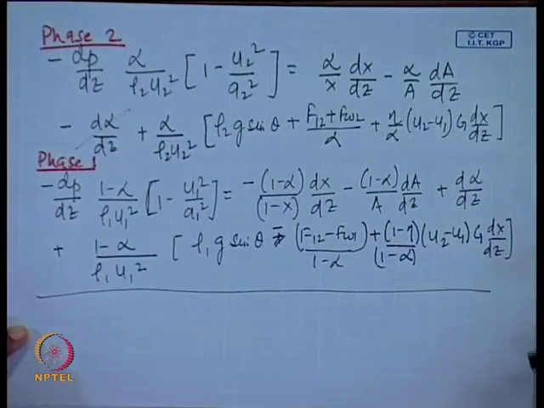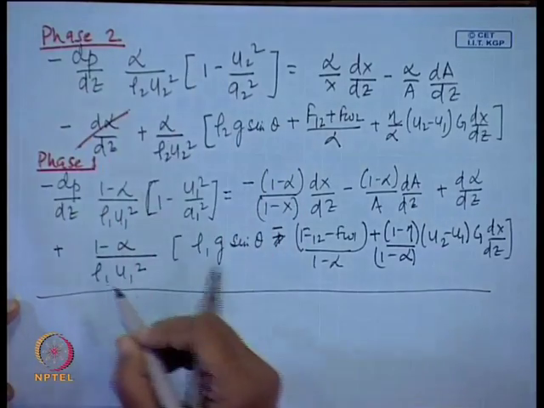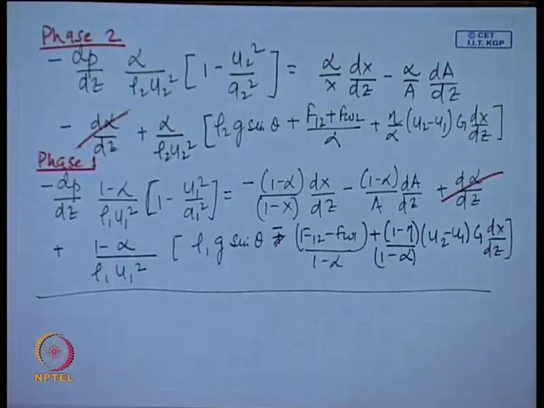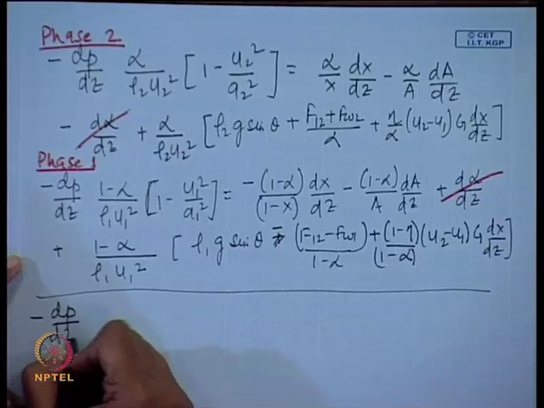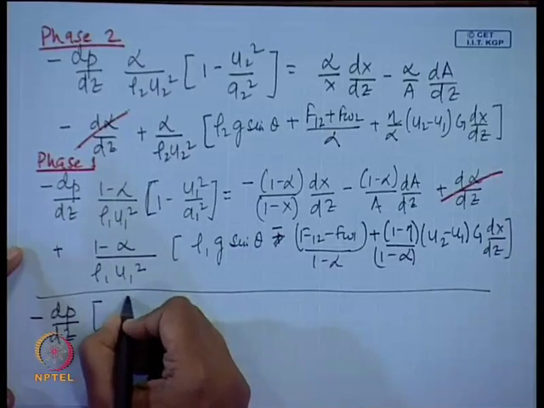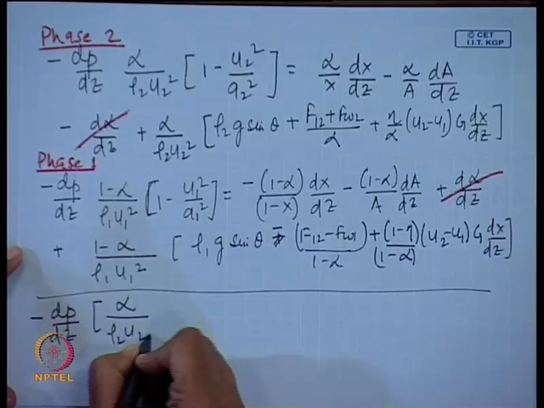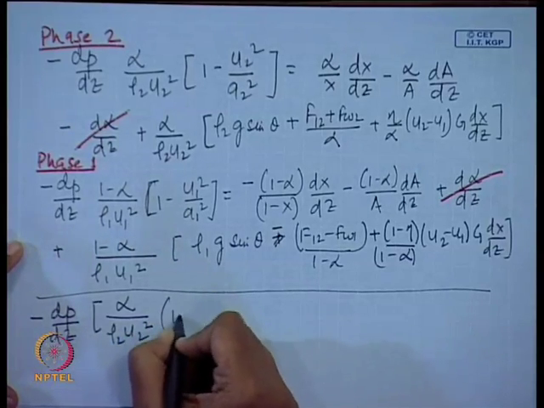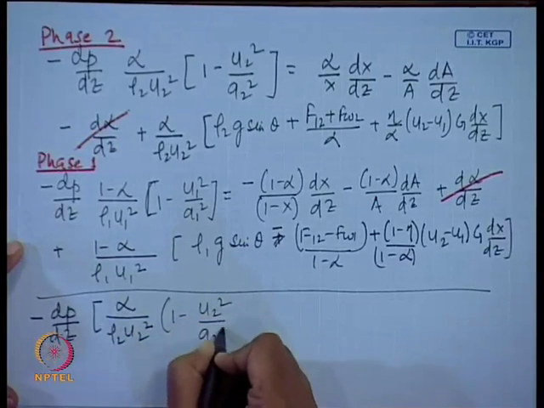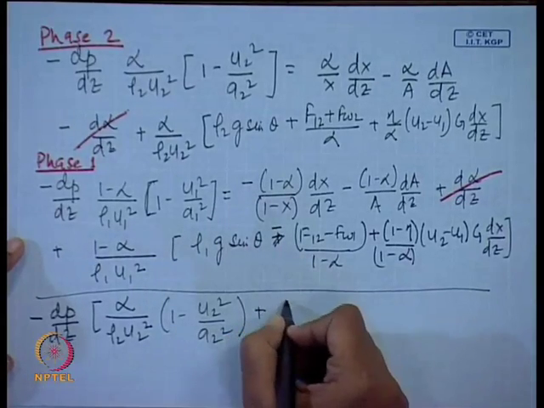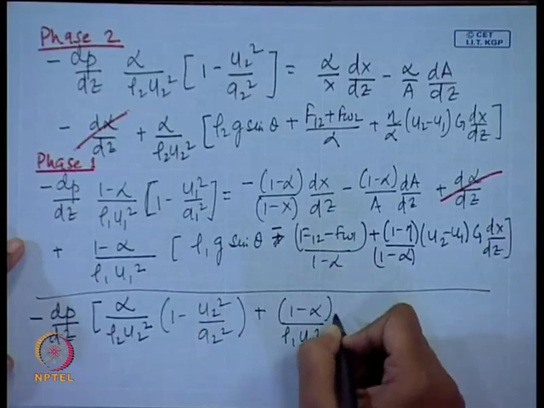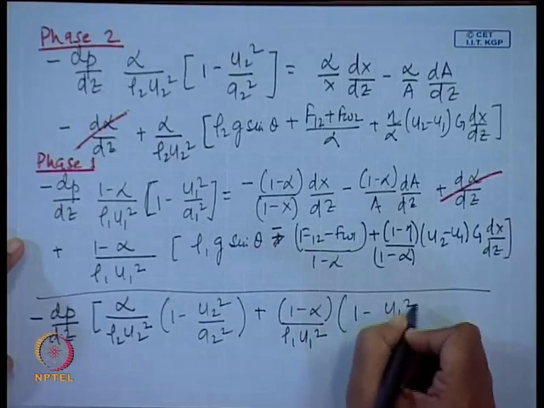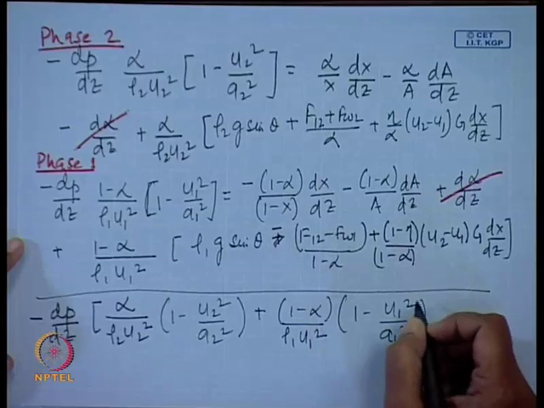This term will get cancelled out, minus d alpha dz plus d alpha dz, it cancels out, is it not? And then for dp dz, you get in this particular case minus dp dz, alpha by rho 2 u2 square, 1 minus u2 square by a2 square, plus 1 minus alpha by rho 1 u1 square, 1 minus u1 square by a1 square.